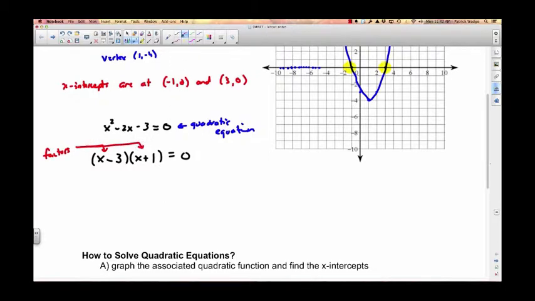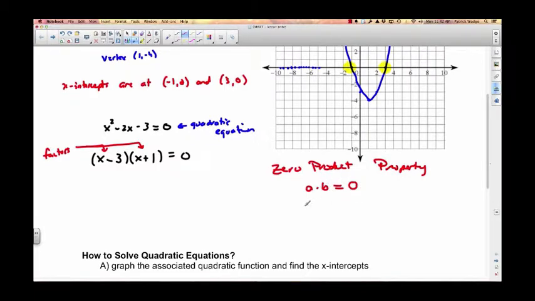Yeah? And now I need to remind you of the zero product property, which I know I've mentioned before. I'm going to do it again right now. Basically, the zero product property comes into play when you have two things, or more than two, I suppose, but let's just stick with two. If you have two things that are multiplied, product, right, and you get 0. Okay, what do you know about the two things if they multiply to get 0?